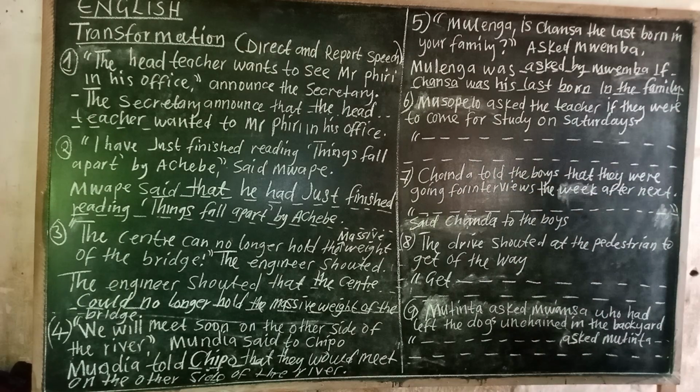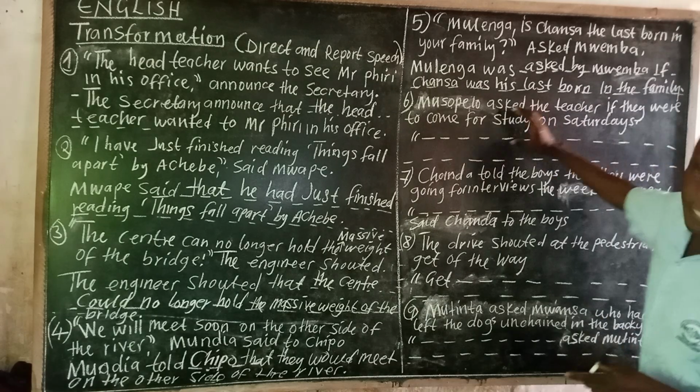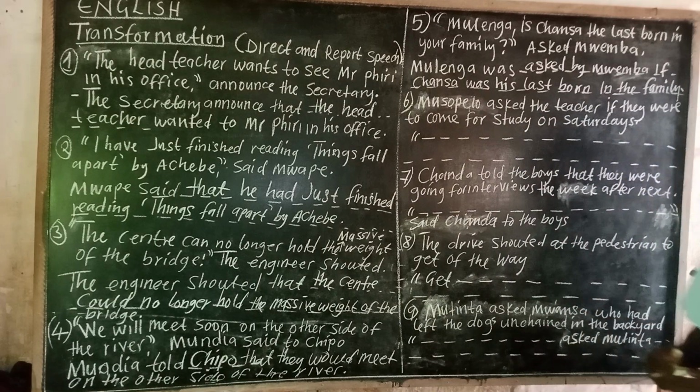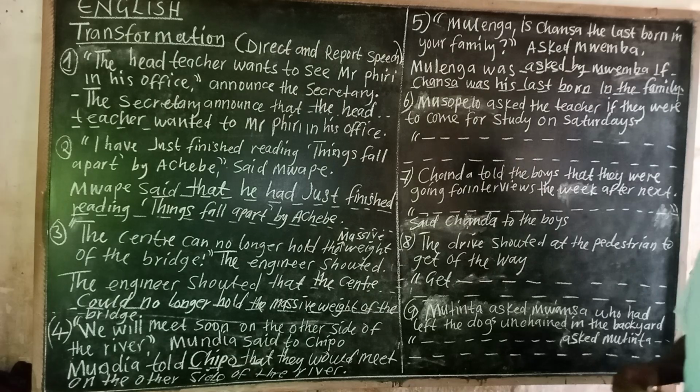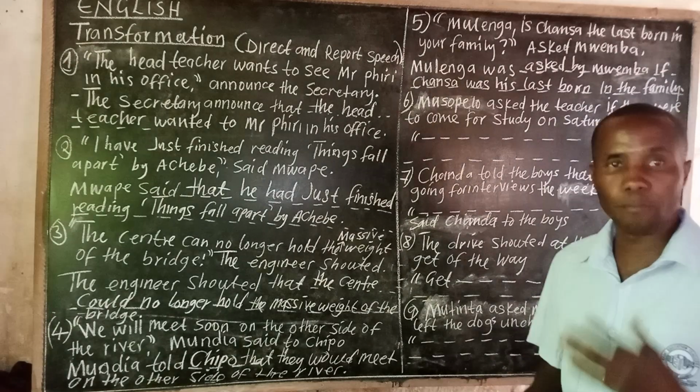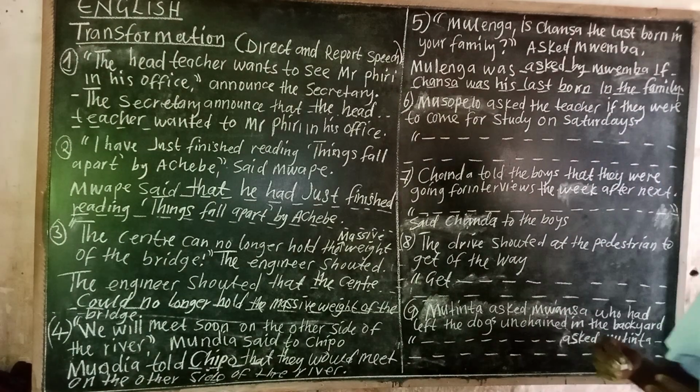So for this one, as you can see, it is the other way around. Here, the sentence given is in a reported speech. Now you have to write it in a direct speech. That is question number 6. That's why in an exam, it's very, very important to actually understand the questioning very well.